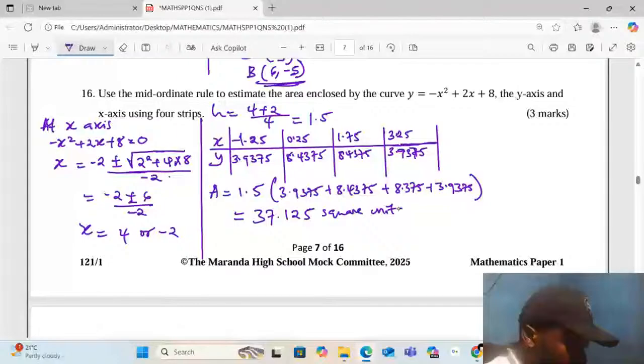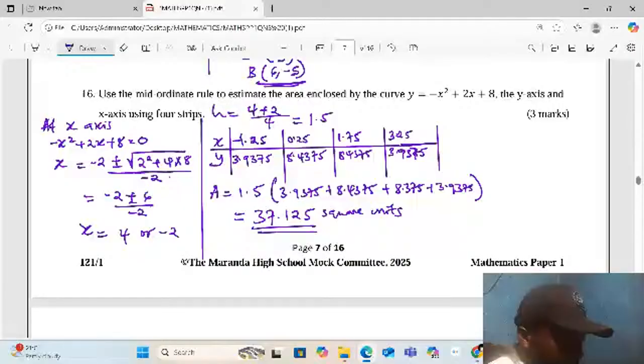That is the estimated area of our curve using the mid-ordinate rule as shown.